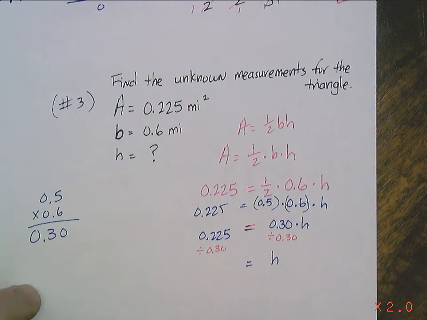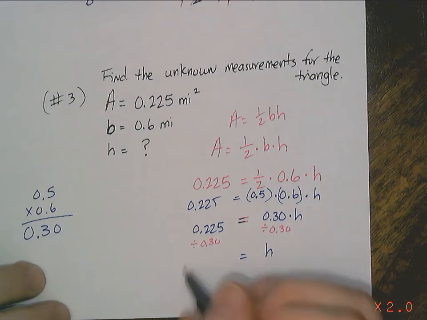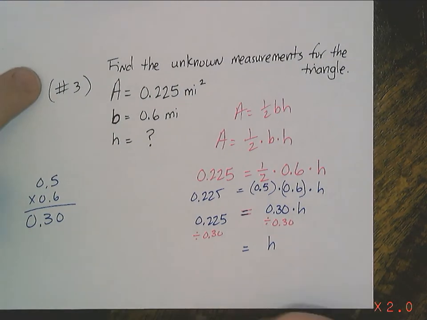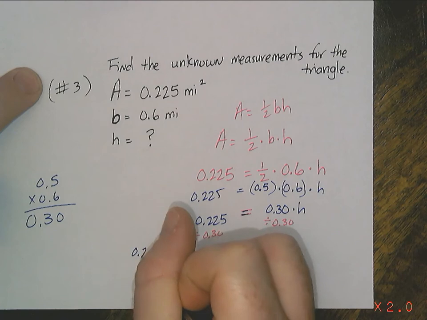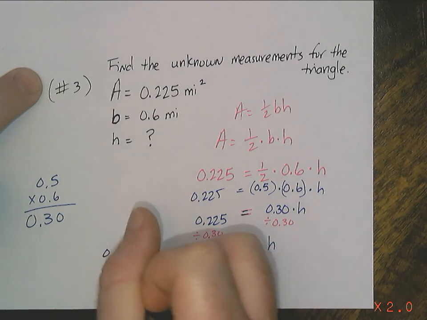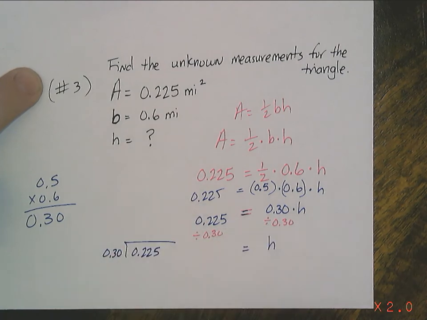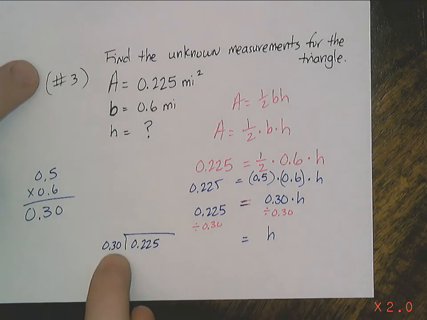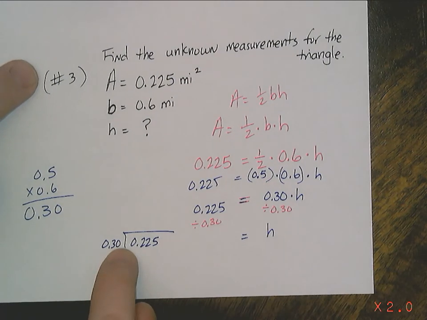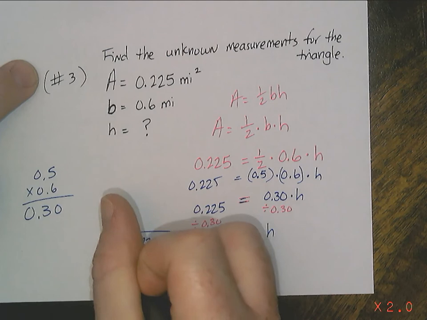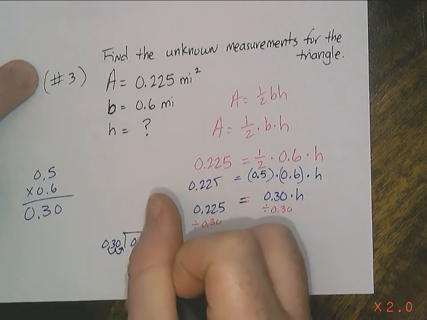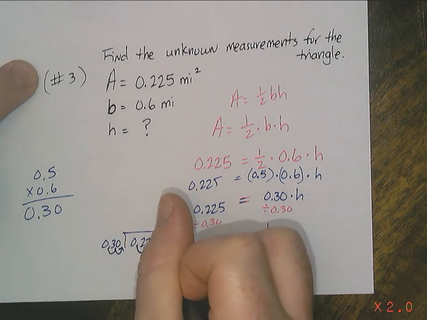So let's take 0.30 and divide it into 0.225. So we do that. If you recall, you can't divide by a decimal, so you have to move it over 2 places to the right. And you have to move this 2 places to the right as well.